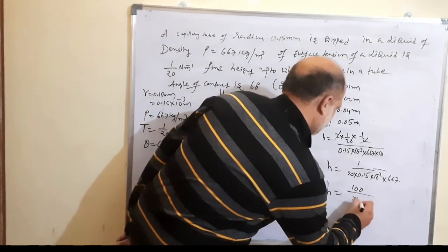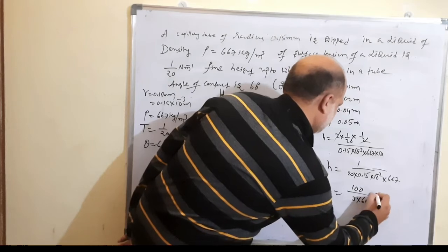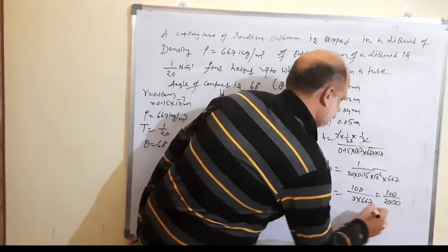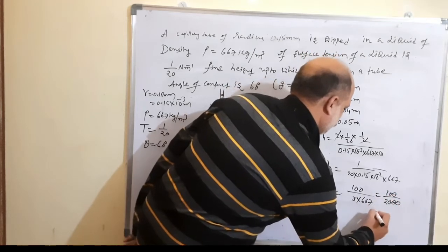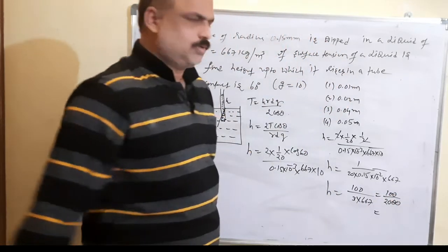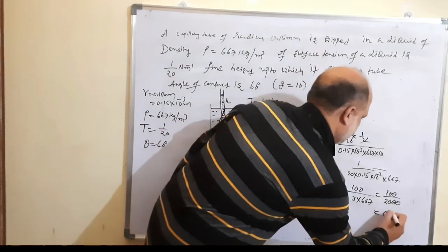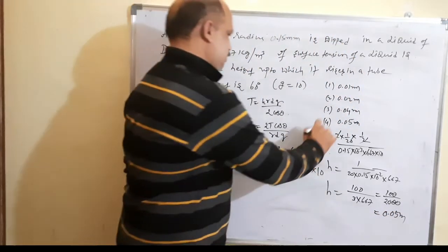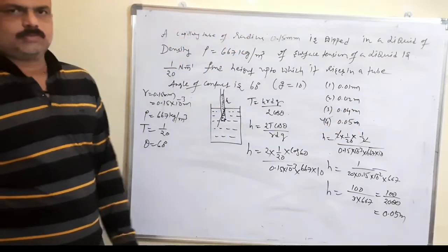So 3 into 667 is about 2000, so 100 by 2000, that is equal to 1 by 20, which is 0.05 meters. So the correct option is the fourth option.